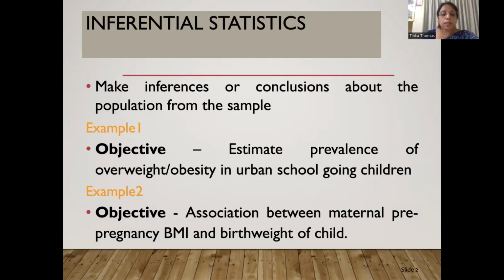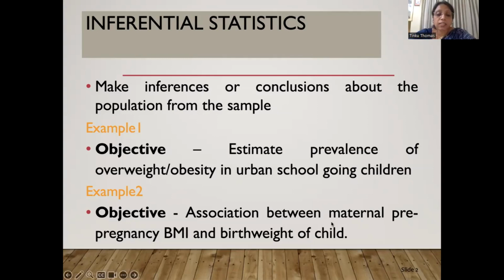An example for estimation is, suppose we are interested in looking at the prevalence of overweight and obesity in urban school-going children. Then we are trying to estimate a particular value, but we are not comparing it against anything. We are just understanding what the prevalence is.